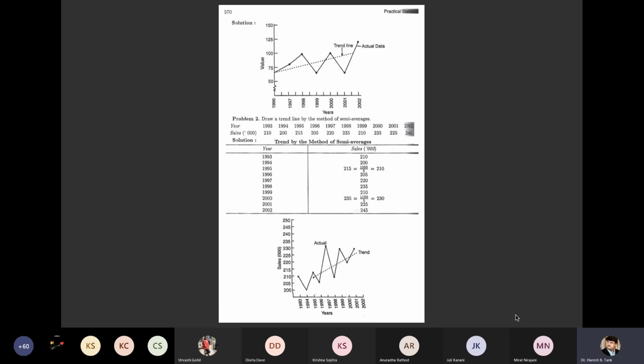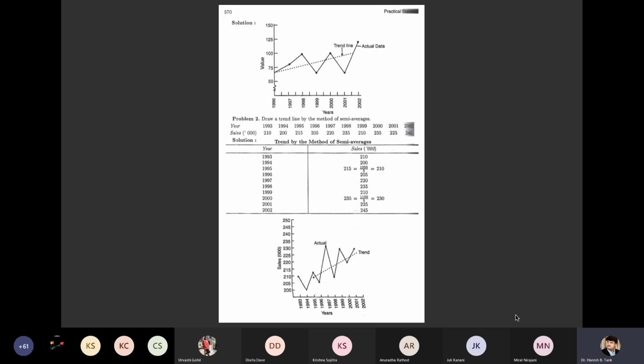First thing to be observed while using the semi-average method is how many data points are given to you. It's 10-year data. Since 10 is an even number, you can divide the whole data set into two parts, 5 years each.